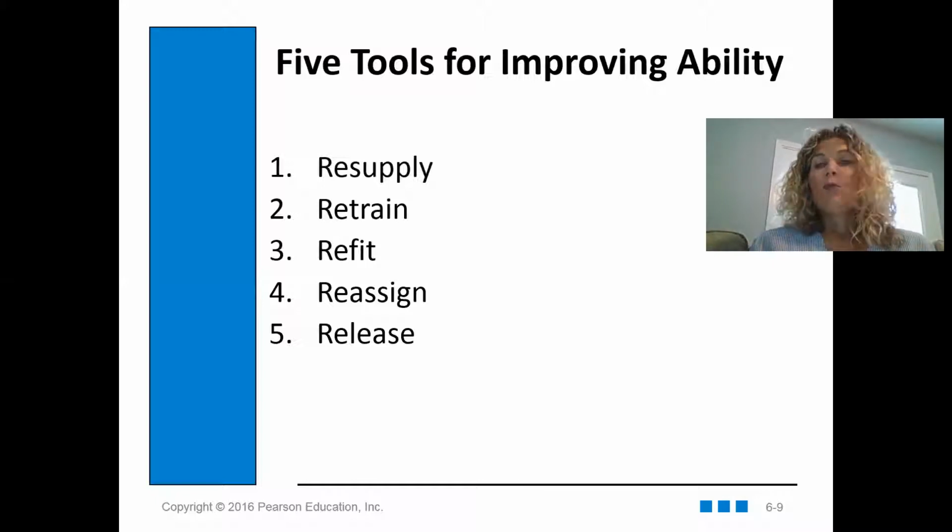All right, so then I would move down to the second option, which is retrain. Maybe this person needs to be trained in this area. Maybe they've been promoted, but never actually trained on this specific role. And so maybe just some training could help. It doesn't have to be an expensive training that I send the employee off to or bring in outside trainers. It could be on-the-job training.